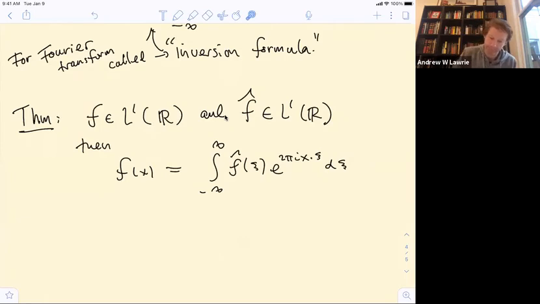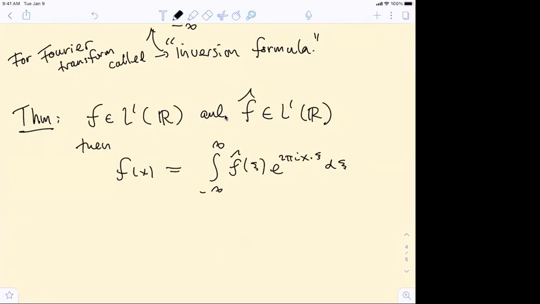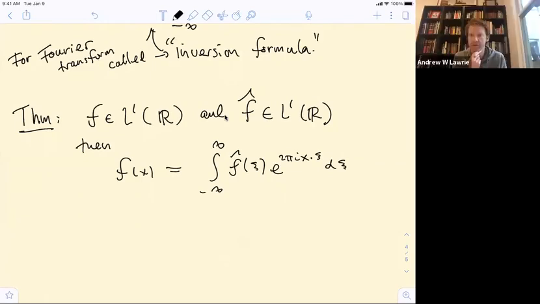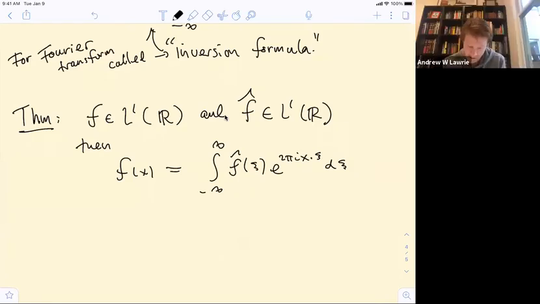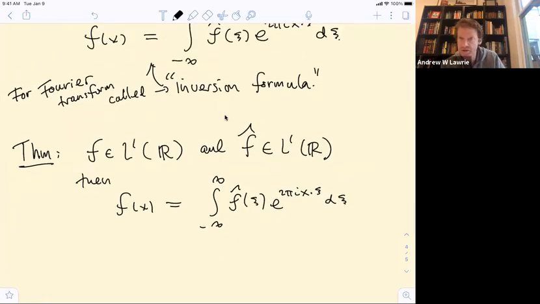Yeah. I was remembering a decaying condition like 1 over 1 plus x squared. Yeah. So there are different hypotheses under which this theorem holds, right? This is one version of the theorem, and this is not the strongest version.